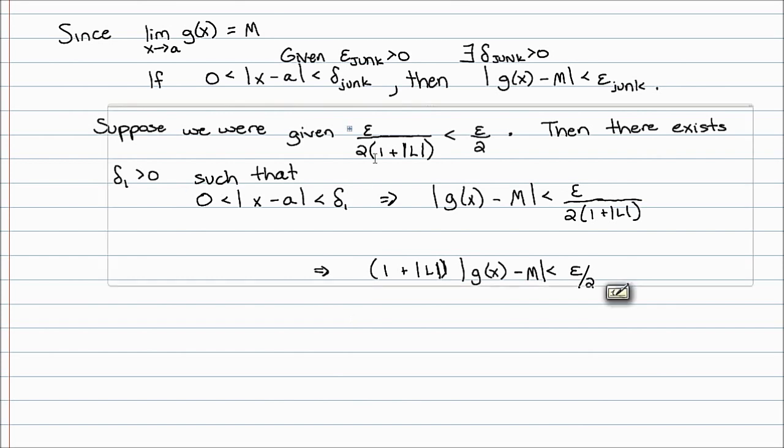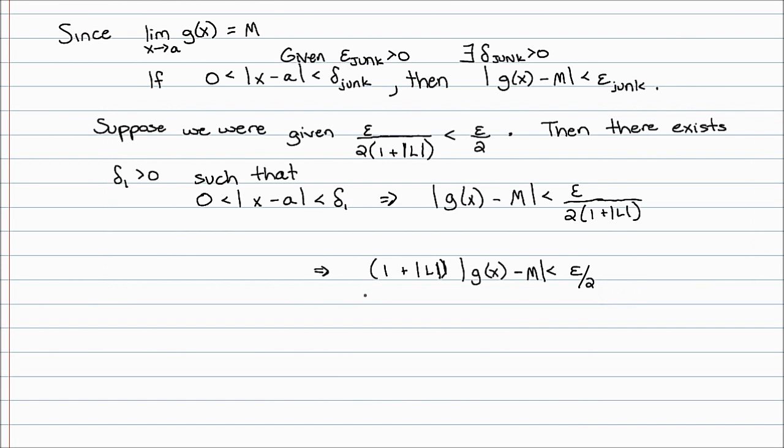So what does this mean? Well, it means the following. It's kind of a cool little result. If you distribute through, in other words, you take this one right here and distribute it to each of these terms, you'll get the following: the absolute value of g of x minus m plus the absolute value of L times the absolute value of g of x minus m has to be less than epsilon over 2.